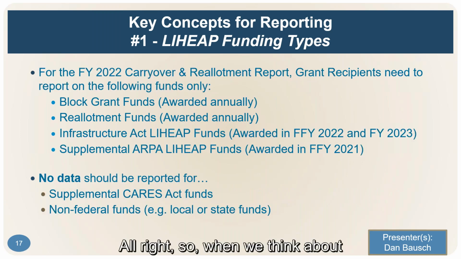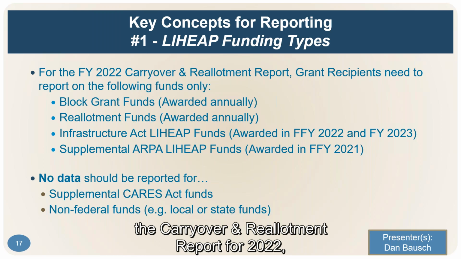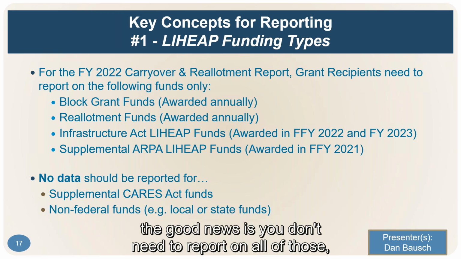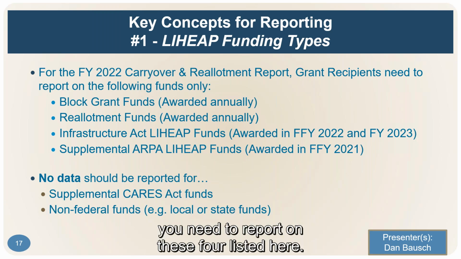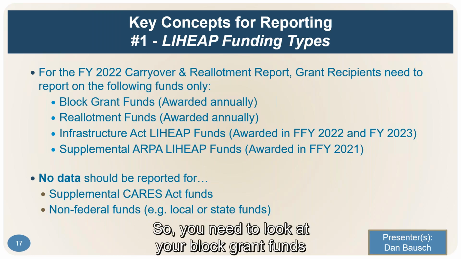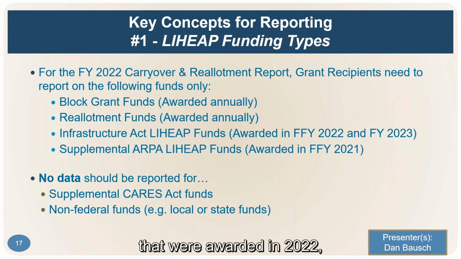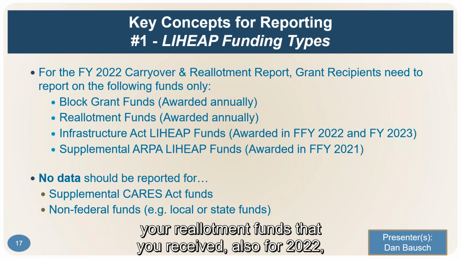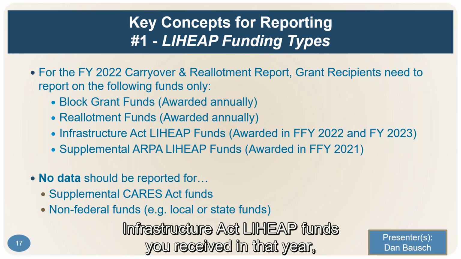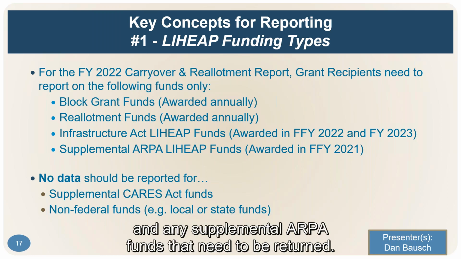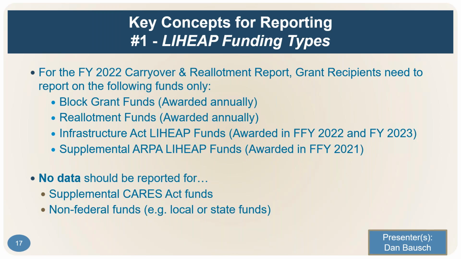All right, so when we think about the Carryover and Reallotment Report for 2022, good news is you don't need to report on all of those. You need to report on these four listed here. So you need to look at your block grant funds that were awarded in 2022, your reallotment funds that you received also for 2022, Infrastructure Act LIHEAP funds you received in that year, and any supplemental ARPA funds that need to be returned.